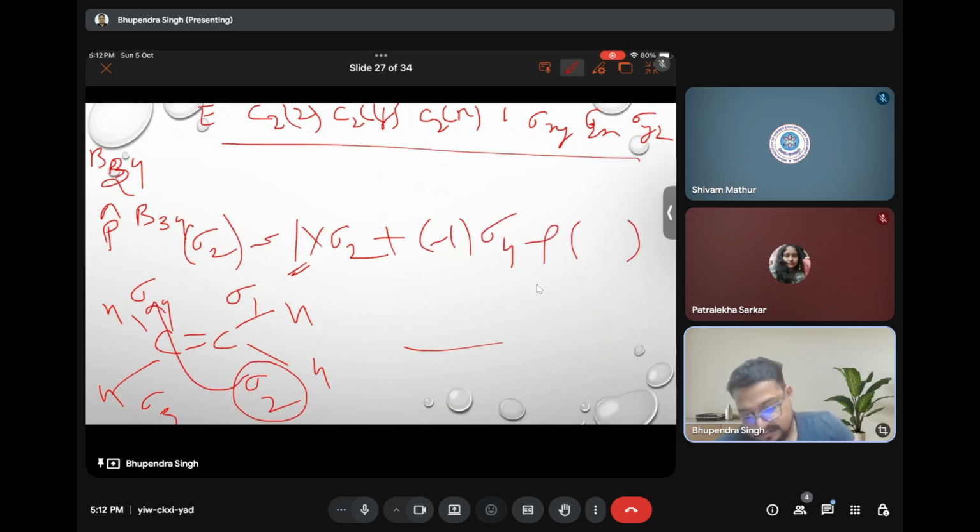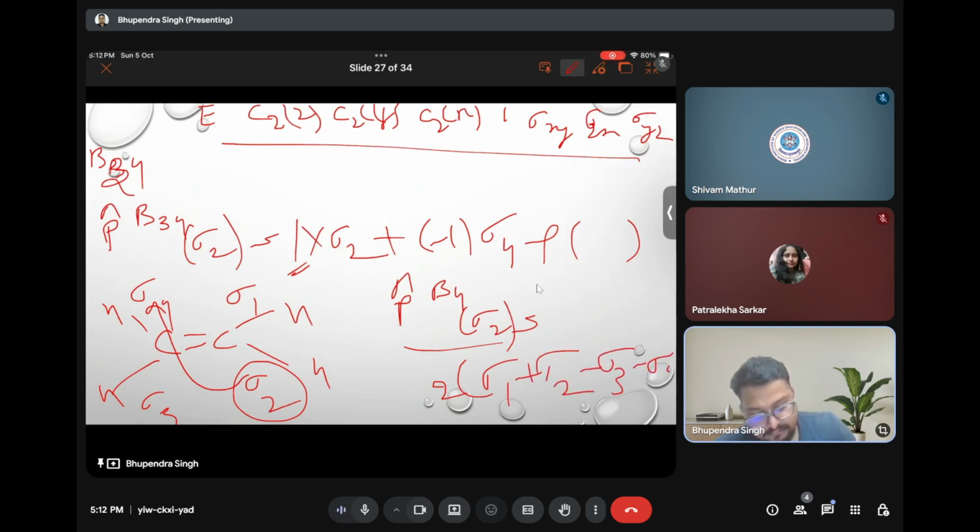For all the symmetry operations, if you solve, at the end you will end up getting, for sigma 2, twice of sigma 1 plus sigma 2 minus sigma 3 minus sigma 4.